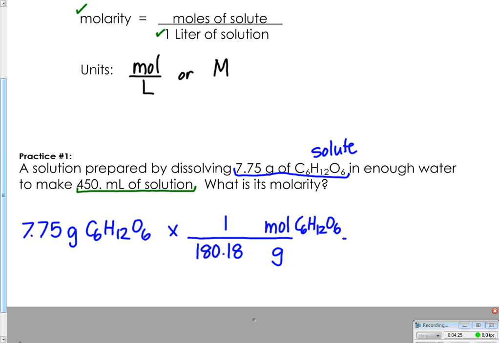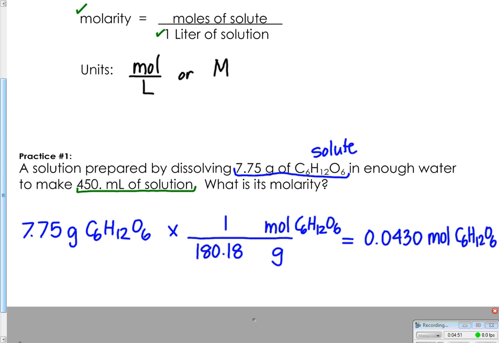When you do this math, with 3 significant digits, and these zeros don't count, you should get 0.0430. That last 0 does count. Moles of C6H12O6. So that's our first step, converting our solute from grams to moles.